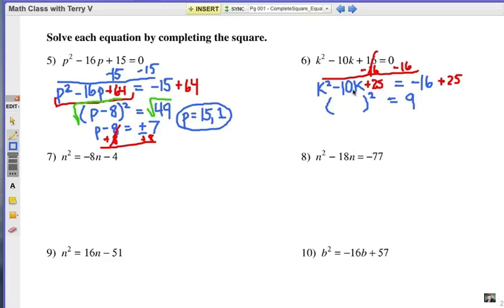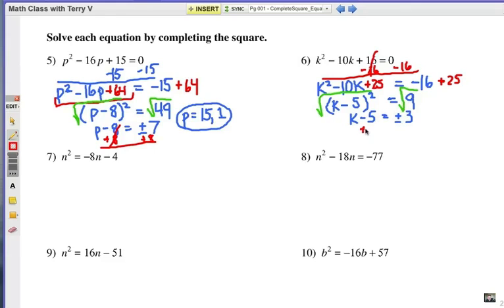So when I factor this perfect square trinomial, I should get k minus 5. Don't forget the minus sign there. Take the square root of each side. k minus 5 equals plus or minus 3 from that square root.